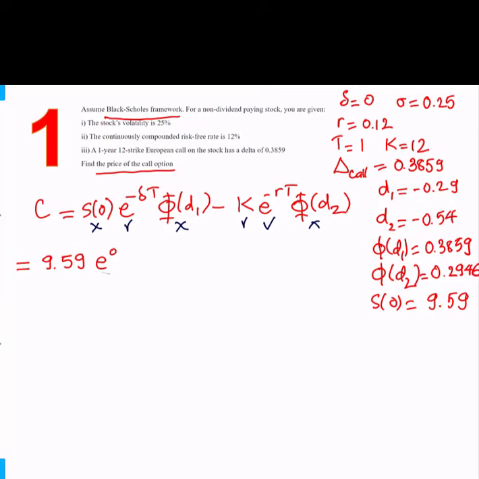E to the minus delta T is e to the 0. Phi of D1 is 0.3859. See that? Minus 12 e to the negative 0.12. Phi of D2 here is 0.2946. See that?